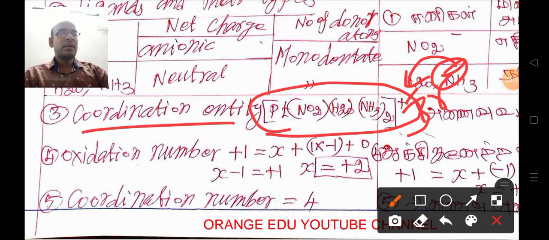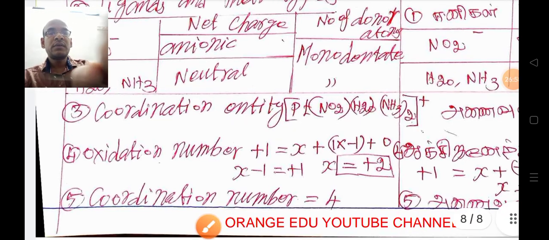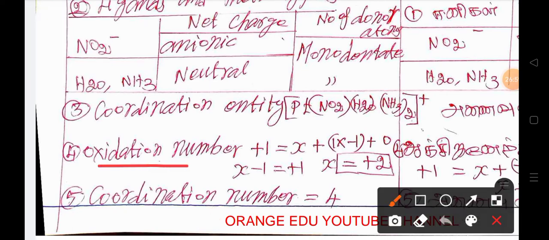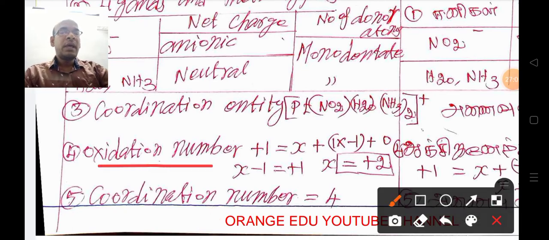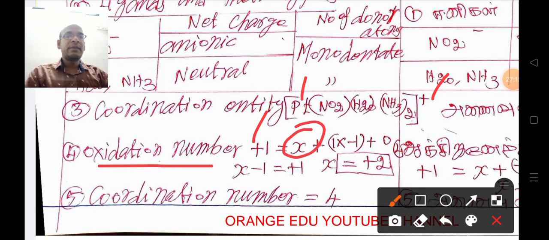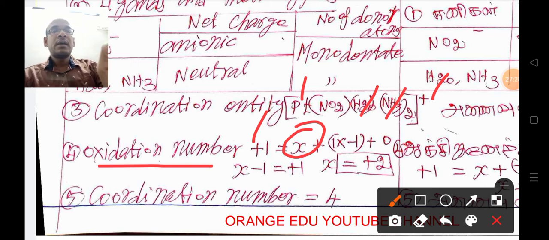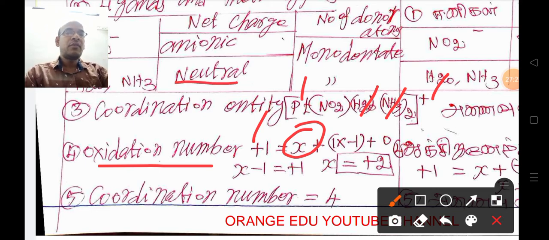Next, fourth question, oxidation number. We already mentioned that the net charge is +1. Put the +1. The central metal ion oxidation number, put X. In this case, H2O and NH3, these two ligands are neutral ligands. Therefore, we can eliminate them. Net charge is 0.